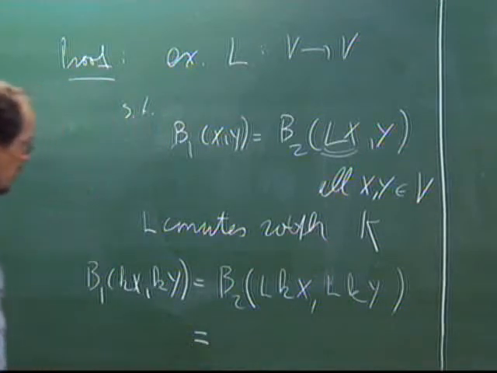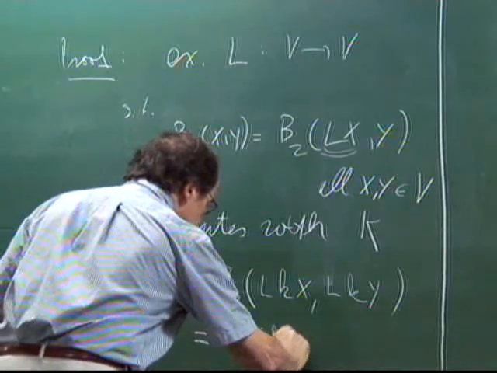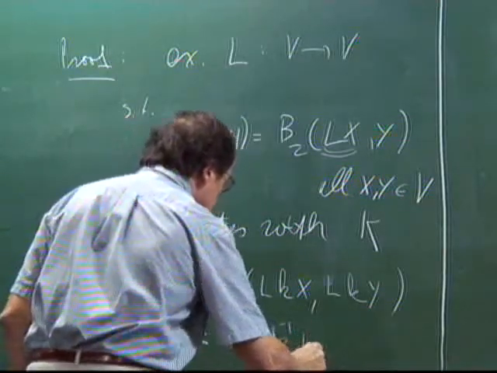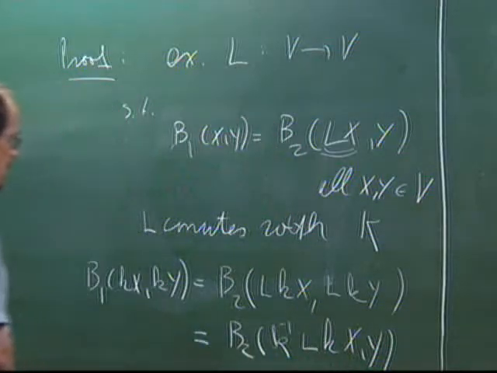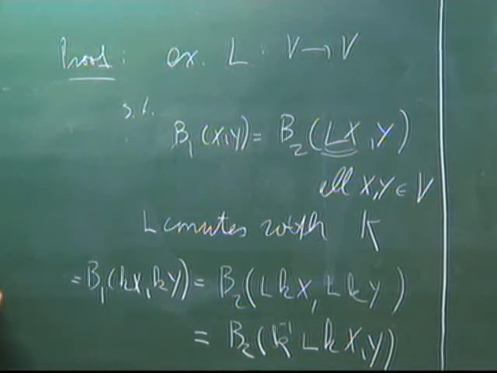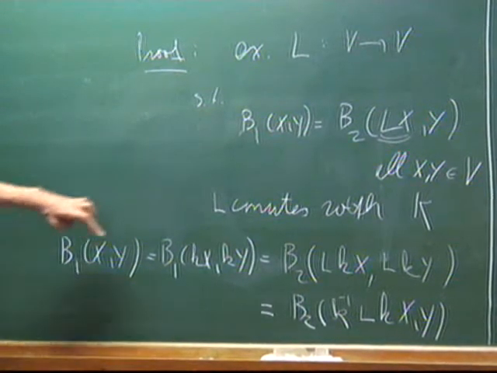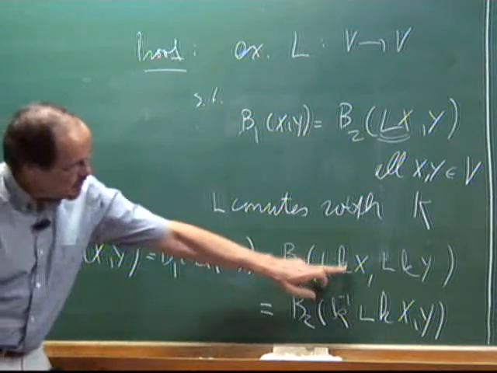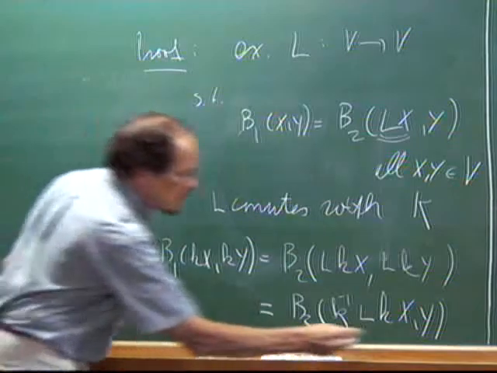But now K also preserves B2, so that's the same thing as B2 of K inverse LK x comma y. And of course, this here is the same thing as B1 of x comma y, because B1 is invariant. So here I use invariance of B1. In this step here, I use invariance of B2. Of course, this is now true for all y here.